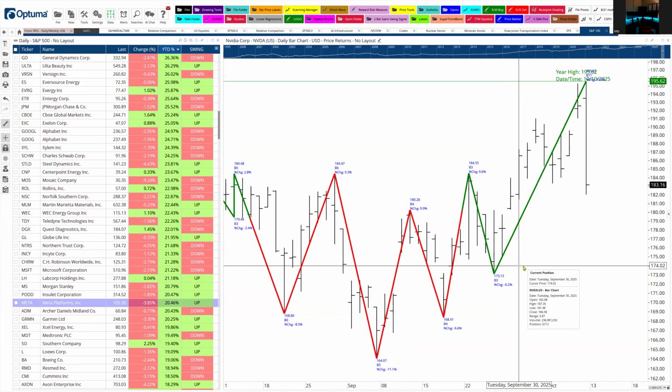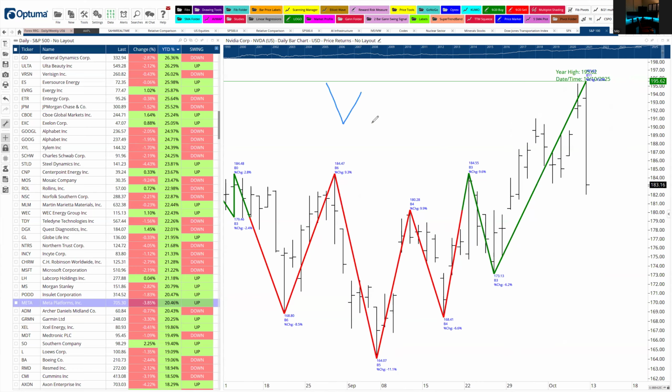If the swing turns, makes a lower high and a lower low, this. So in the S&P we just only had one session for one day, right?